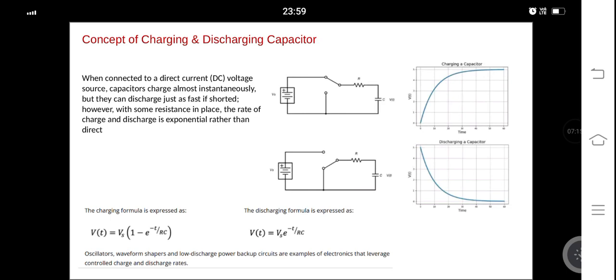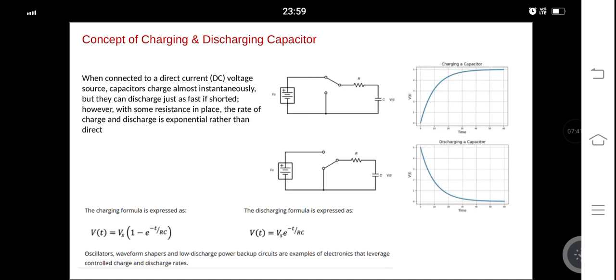However, with some resistance in place, the rate of charge and discharge is exponential rather than instant. If you see the circuit, the resistance is connected in series with the capacitor in both the charging as well as the discharging concepts.